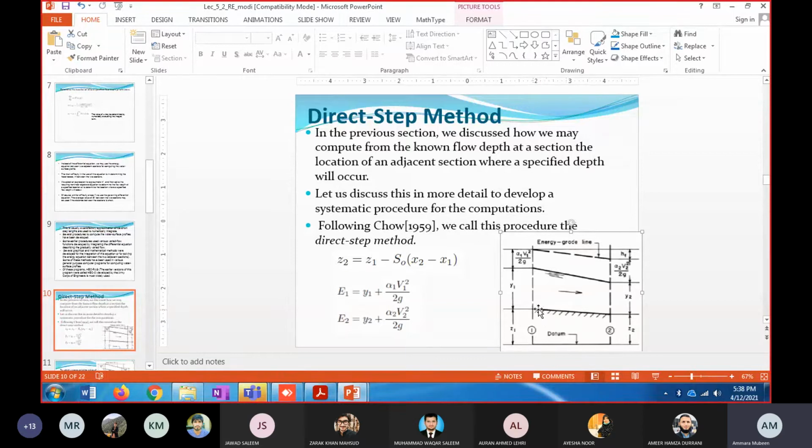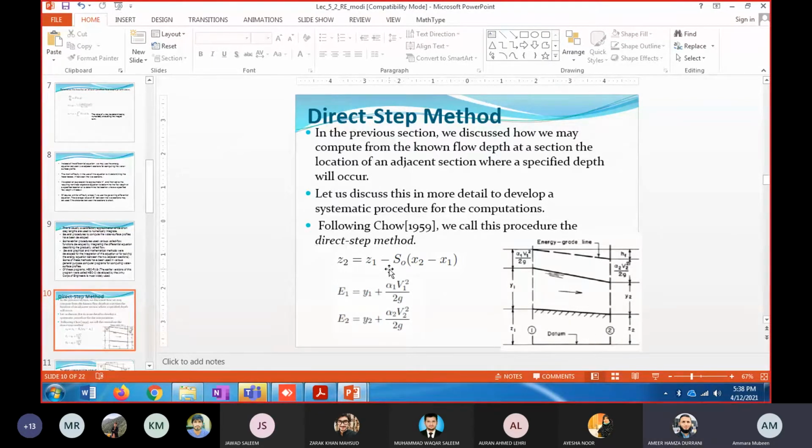So if I say that the bed slope is S naught, and Z1 is known to you, can you calculate Z2 if you know S naught?